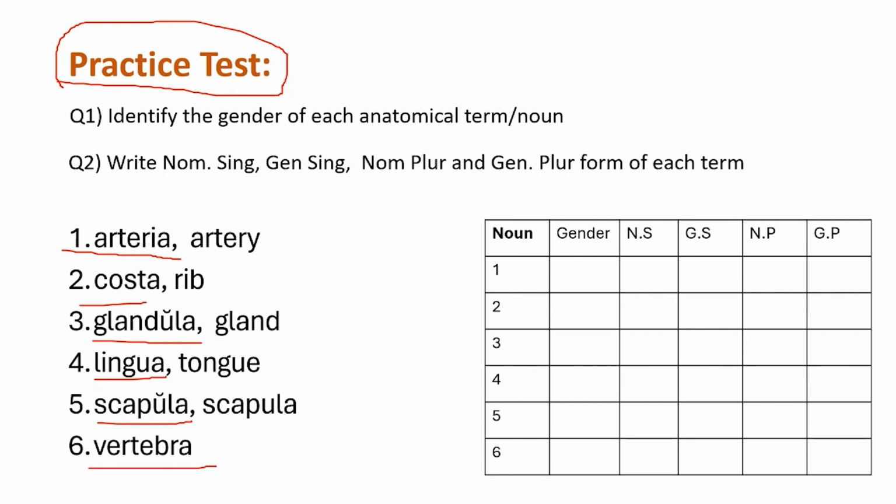You need to identify the gender, and write the nominative singular, genitive singular, nominative plural, and genitive plural form of each of these six terms. I'll put the answers in the description. But first you do it, compare your answers with mine, and see how you understood the concept. If not, you can revisit and listen to the video again.